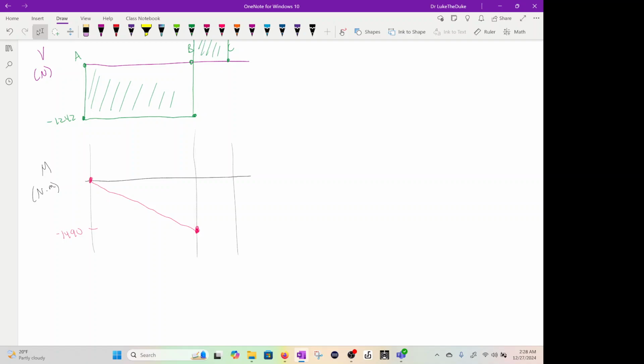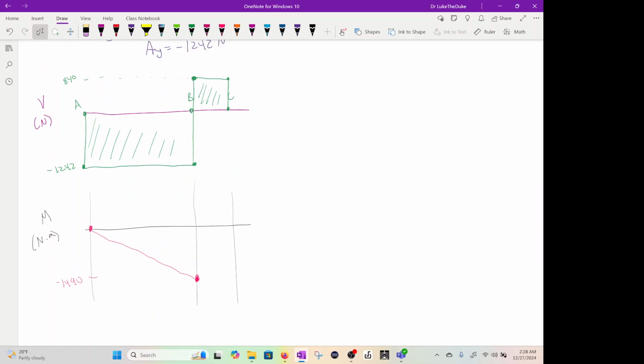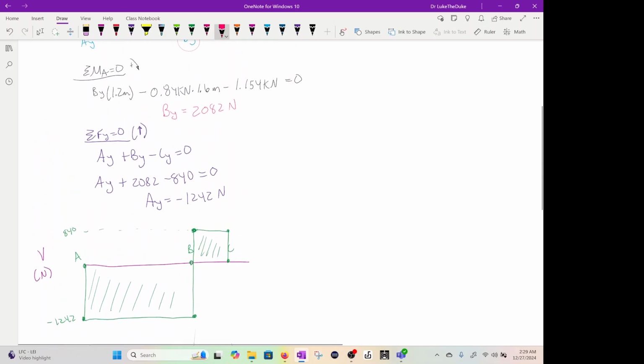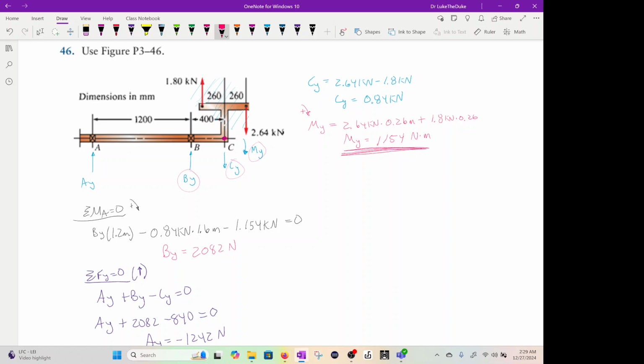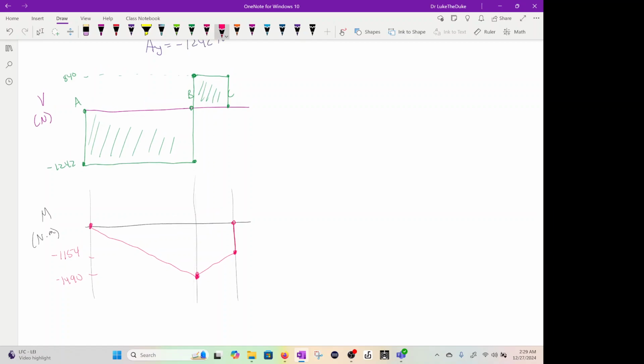Okay. So we're going to go up 336, because that's the area of B and C. So add that to negative 1490. And this should be somewhere here, and this value is 1154. Okay. And then it's going to go up, right? Because there's no moments. It balances, because the moment that we calculated at the start was 1154 at C. So we're going to go up 1154, and boom, we're back to 0.